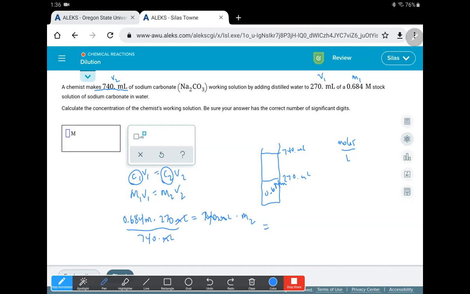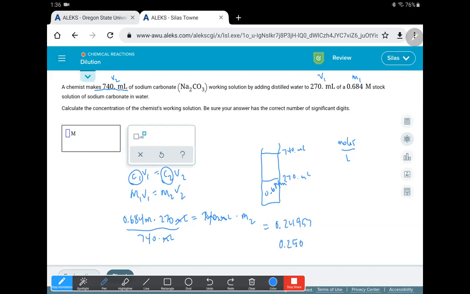Now it's become less concentrated. So my gut check tells me this number should be smaller than 0.684, and I get 0.24957. I'm going to cut that off at 3 significant digits, which rounds up. So it's going to be 0.250.